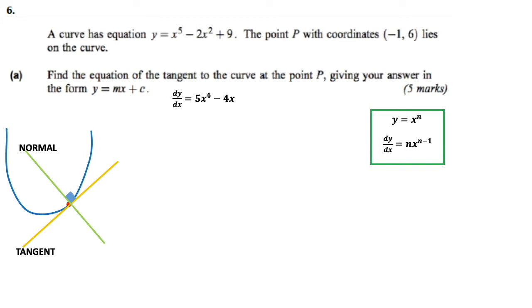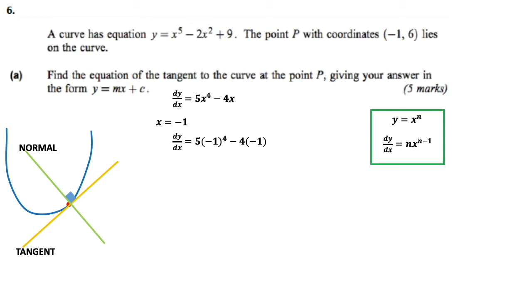Now we're not talking about any point, we're talking about one point in particular. We're talking about (-1, 6). So we need to know what is the gradient when x is minus 1. If we substitute that value into the differentiation, it would give us the value of the gradient at that particular point. So instead of x, we're going to write down minus 1.